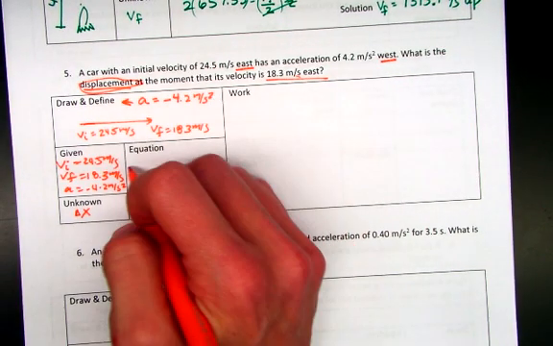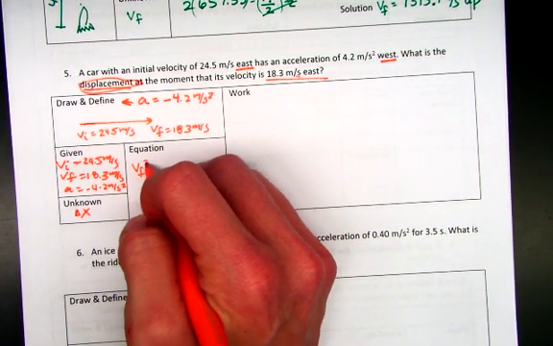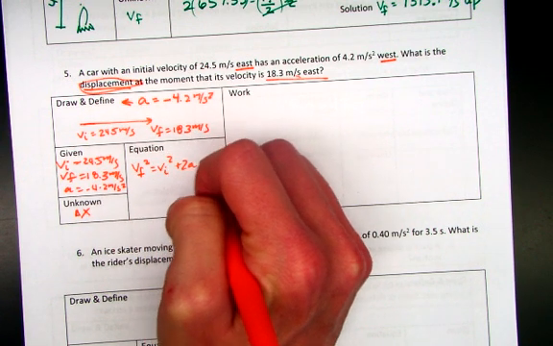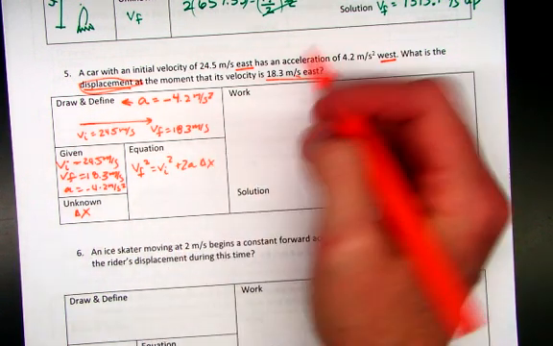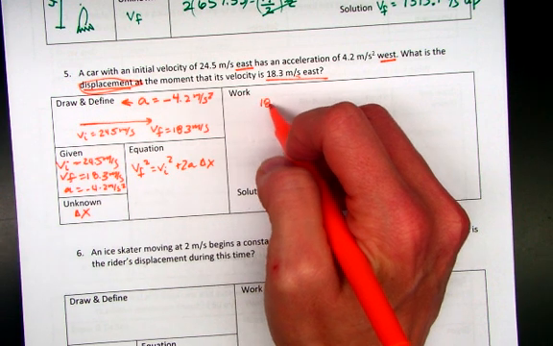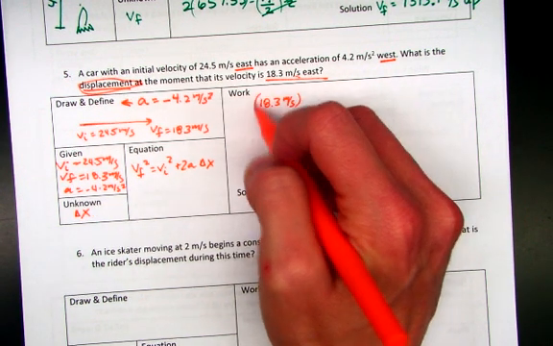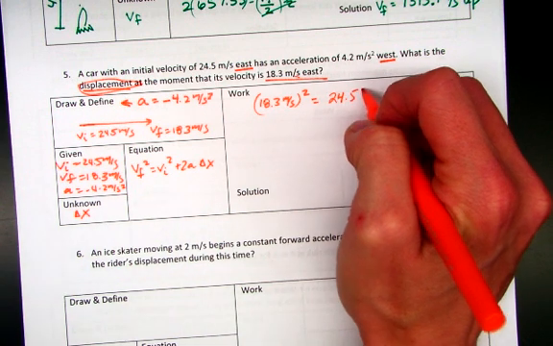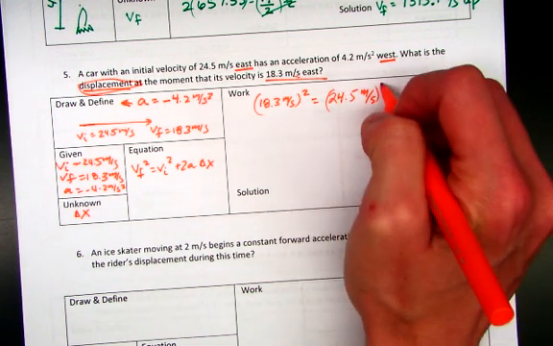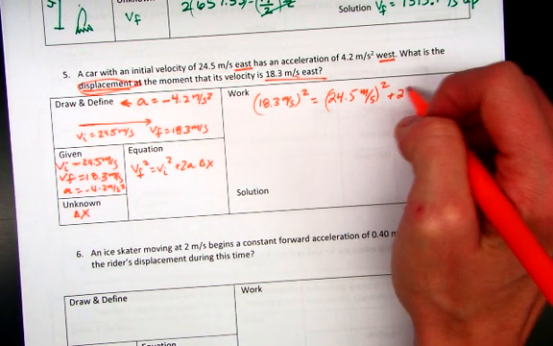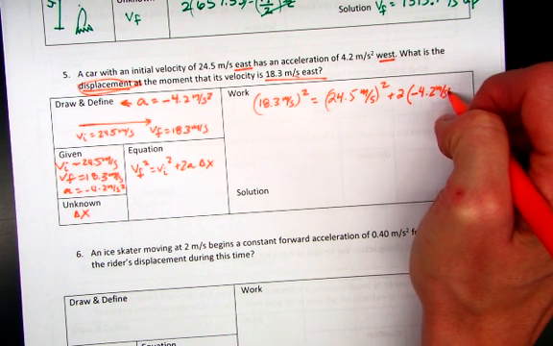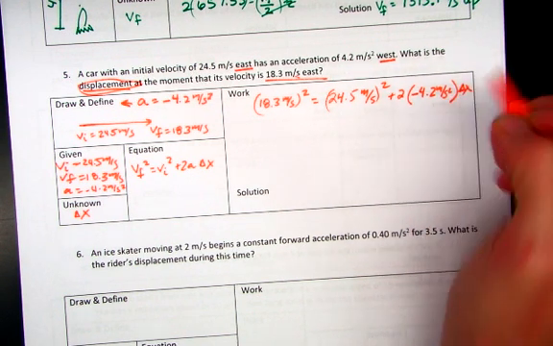The equation then has to be v final squared equals v initial squared plus 2a delta x. So v final is 18.3 meters per second. Square that guy. V initial, 24.5 meters per second, squared plus 2 times negative 4.2 meters per second squared times delta x.